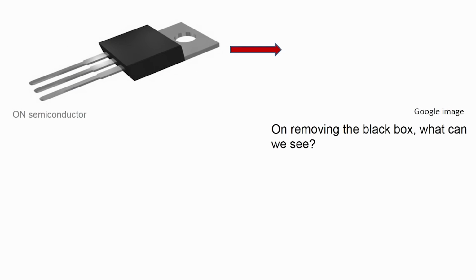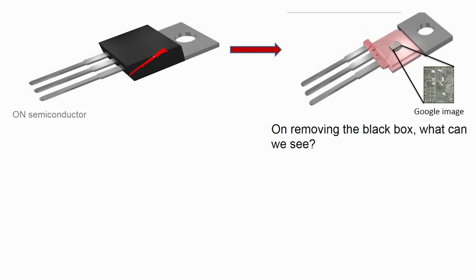If I remove this black box, what can I see here is that there is a chip and there are multiple wires that are connected from the chip to the lead using wire bonding. This process of connecting from here to here, here to here, is using wire bonding.